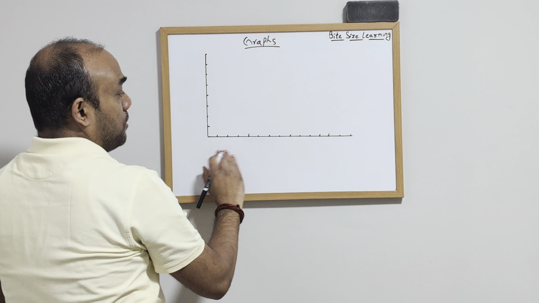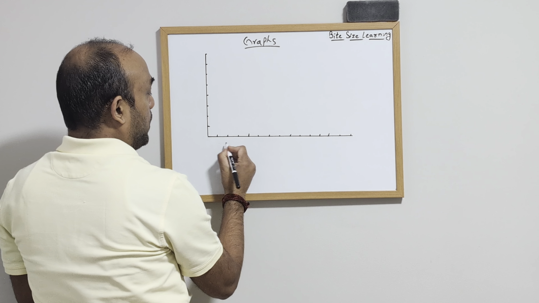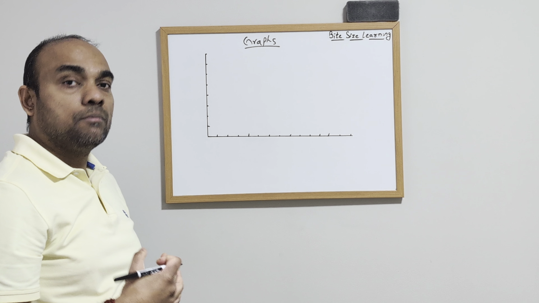So let's say on the horizontal axis we have a few items. We are talking about some children watching some cartoon shows.